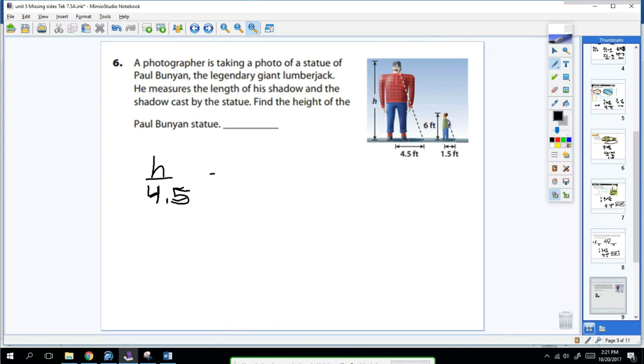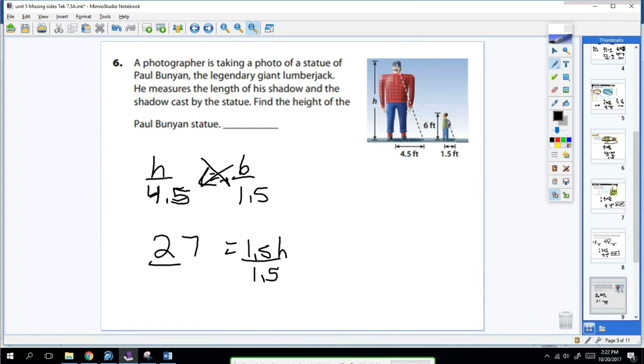Well, then we're going to do this person has a height of 6 and his shadow is 1.5. So we're going to cross multiply. H times 1.5 is just 1.5 times h. And then 6 times 4.5, which is 27. So then you're going to divide 1.5 to both sides, which is 18. So the statue of Paul Bunyan is 18 feet.